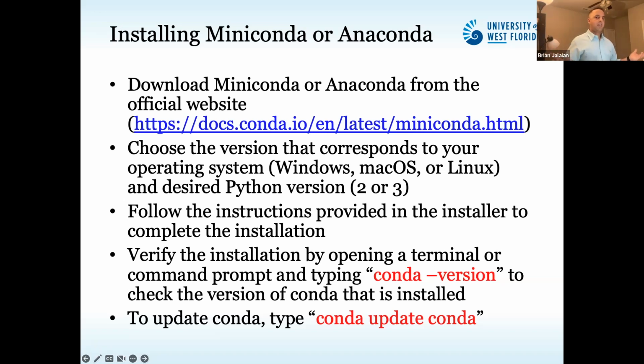I usually use Python 3, as do most of the people I know, but it has all those capabilities. That's it for this slide. In the next slide, we'll cover how to activate and deactivate a virtual environment using conda.